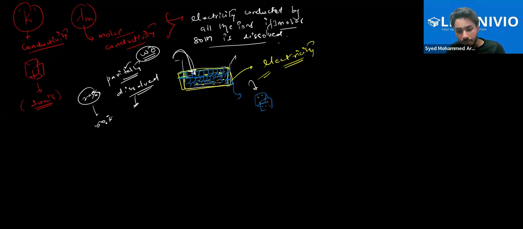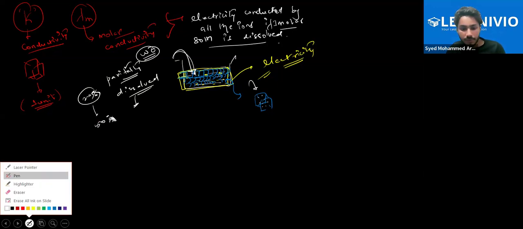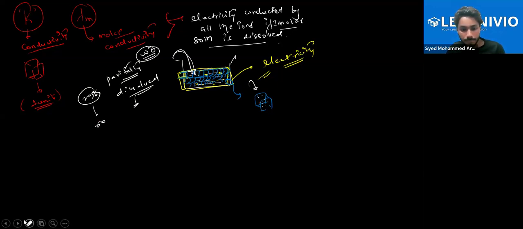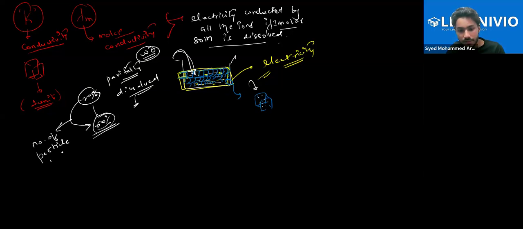If 100% volume is there, the dissociation increases from 20% to 50%. It means that the number of particles is increased. Where is the number of particles increased? In the solution. Correct.